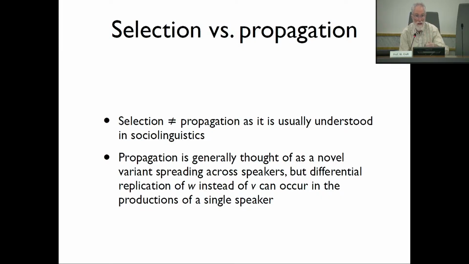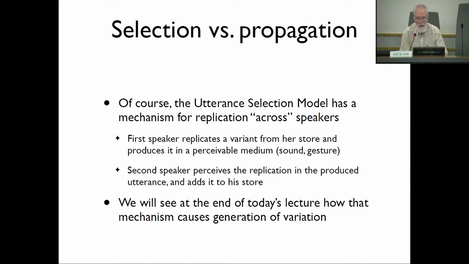Of course, it can also happen across the speech community. In fact, this utterance selection model, which I described to you in the abstract, and will show you again very shortly, does have a mechanism for replication across speakers, so to speak.